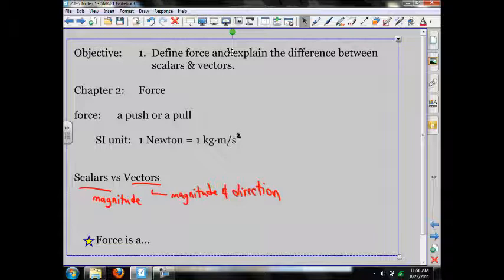What were some examples of scalars? Distance traveled is a scalar. Good. What else? Time, yeah, you would not say that something took 4 seconds to the east. It only has a magnitude, only the 4 seconds part.